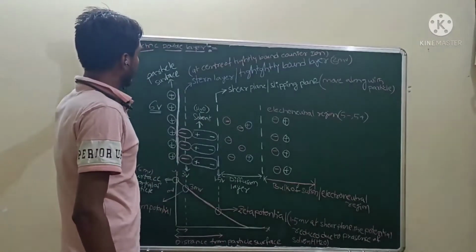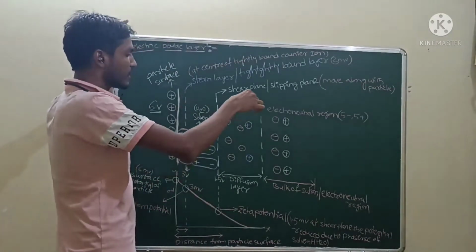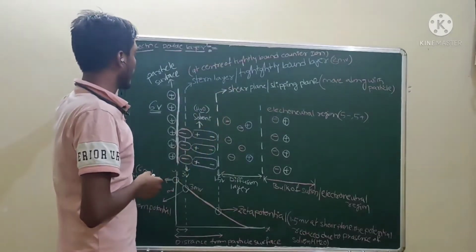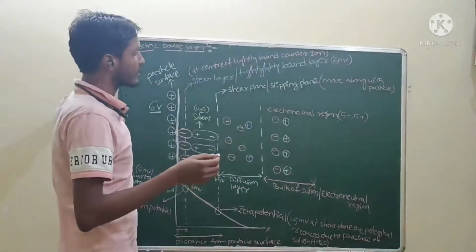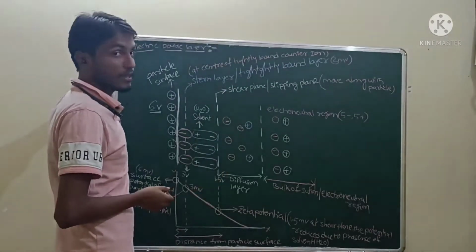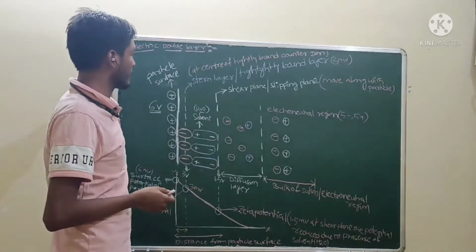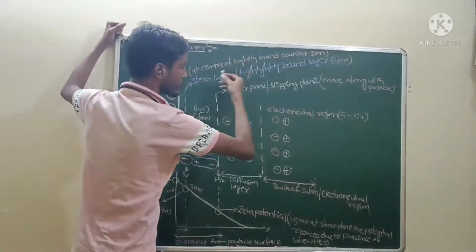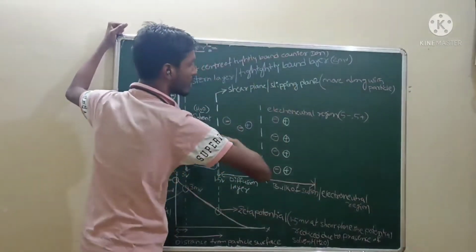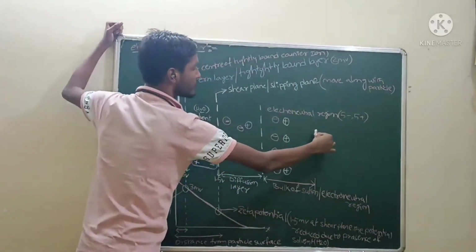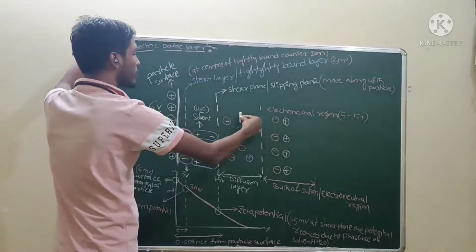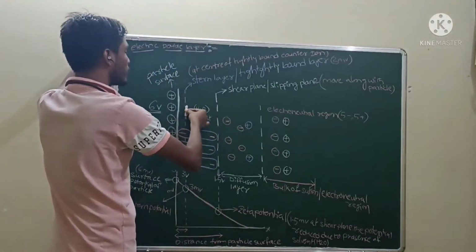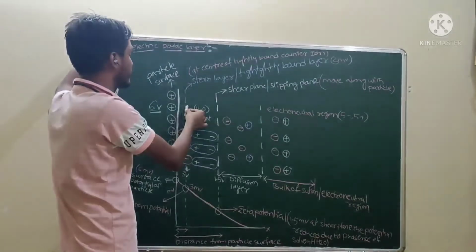Whenever the particle is present in water, the water generally contains ions. The ions will move from the bulk of solution, which you can consider as water, up to the particle surface due to electrostatic attraction.